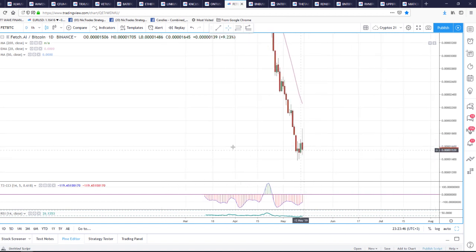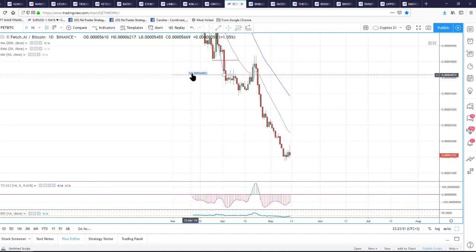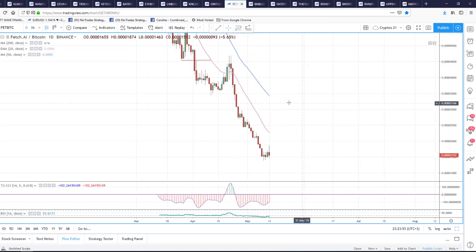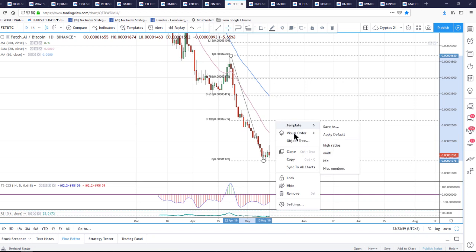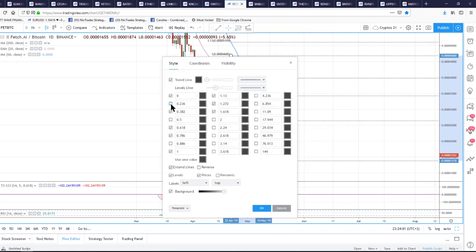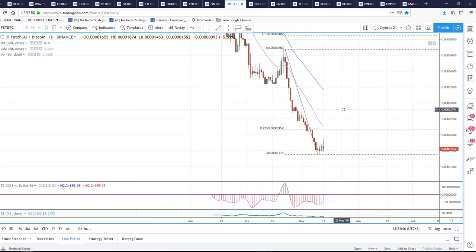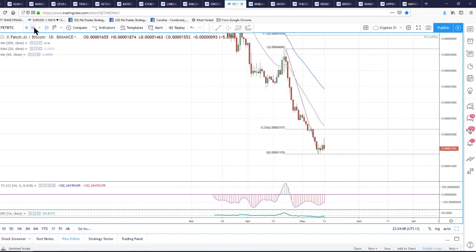Had a bad day, but we're not at new lows in Fetch. So are we starting a new uptrend? Not quite yet, but we're going to take this as our most recent swing lower. So when we do that, we put our 236 fib on. And we can say that we've started to go higher if we can get above this level here, which is 2157. That's a ways away, isn't it?